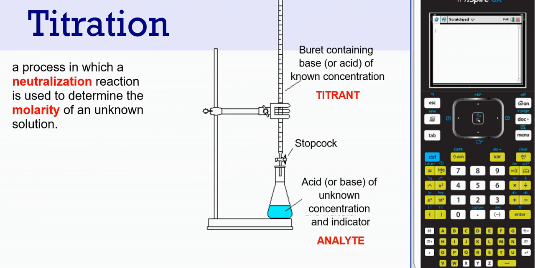Titration is a process in which neutralization reactions are used to determine the molarity of an unknown solution. Now, generally speaking, this is not always true. When you titrate, you have a burette, or some other mechanism to dropwise slowly by small volumes add to an unknown acid or base to determine the concentration.